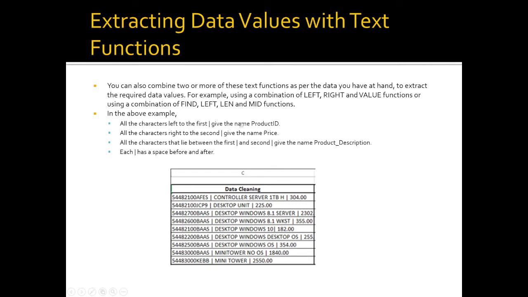All the characters right of the second vertical bar give the name price. So these are the prices. And all the characters that lie between the first and the second vertical bar give the name product description. Each vertical bar has a space before and after, as we can observe in our data. So we have to check for the pattern.